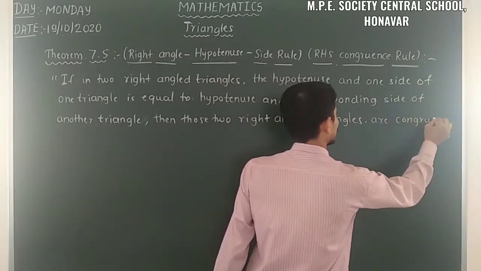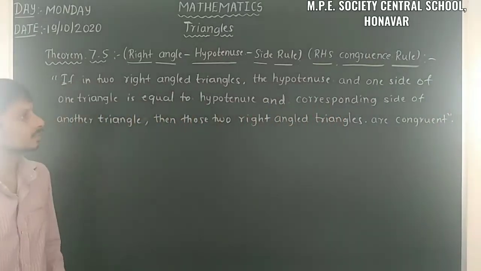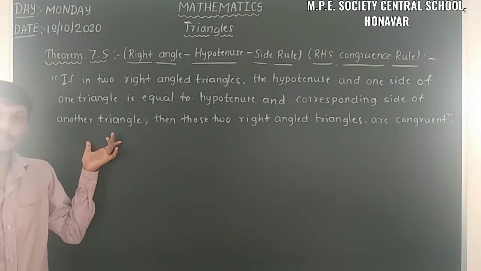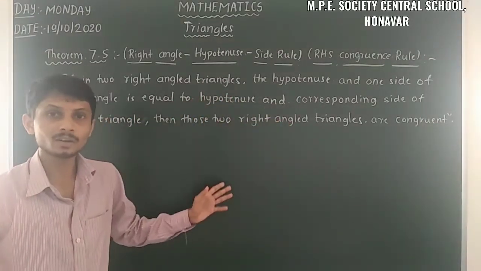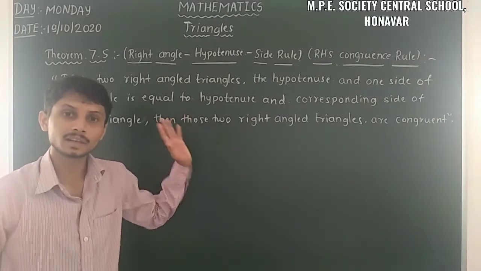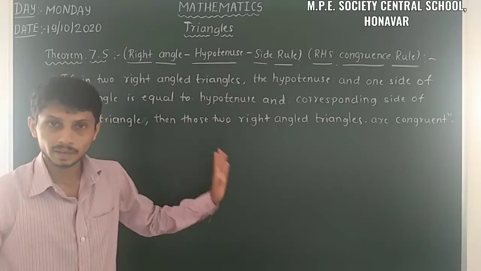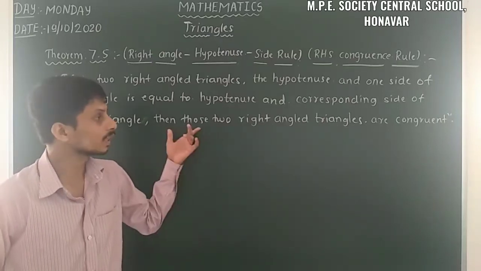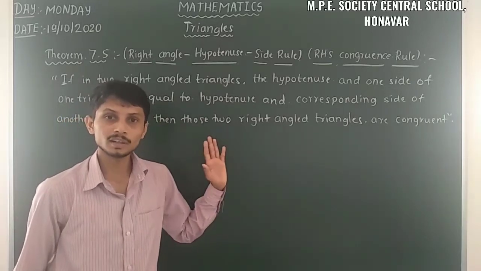So this is the statement of the RHS congruence rule. That means here we have two right angle triangles, and the corresponding hypotenuse and corresponding one side of a right angle triangle are equal. Then those two right angle triangles we consider as congruent triangles.